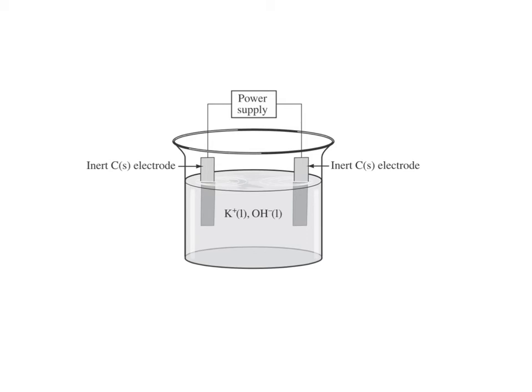You'll see that our electrodes are inert, so we don't have to list them among the species. And we'll see that we have liquids here instead of aqueous. That means that there is no water present, so we just have a molten ionic compound. So our species present is potassium ions in their liquid form and hydroxide ions in their liquid form.